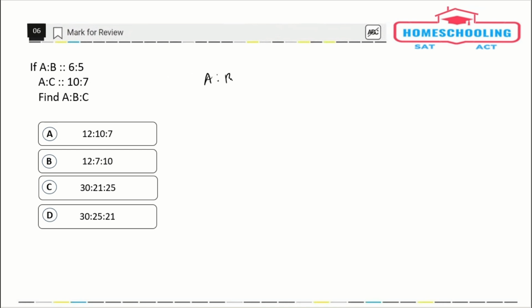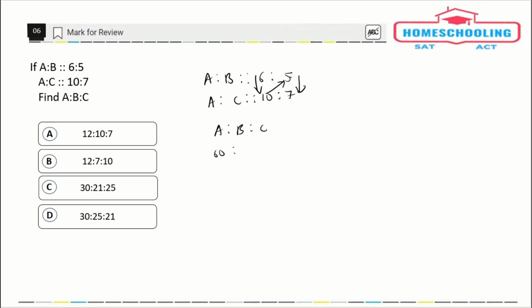So A is to B is 6 is to 5, A is to C is 10 is to 7. If you go by the reverse N method, what you do here is this, this, and this. So 6 into 10, 60.